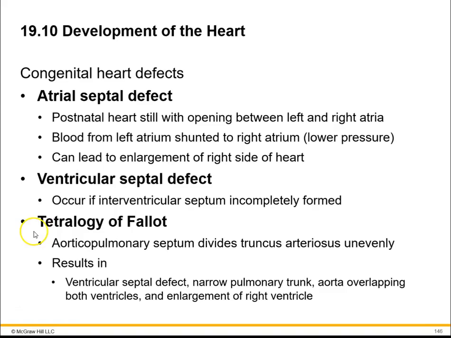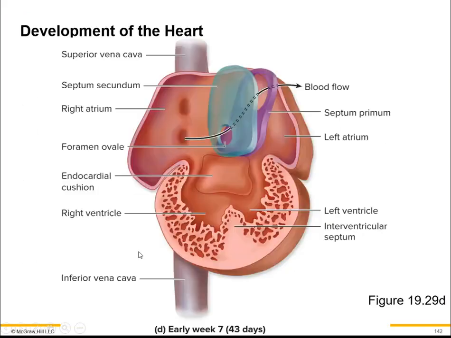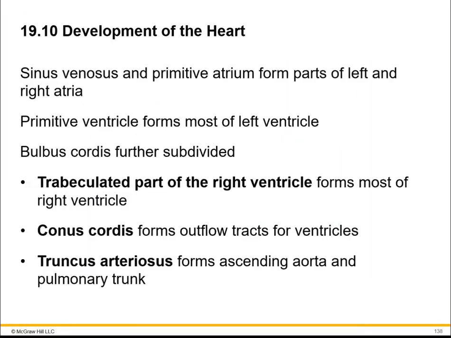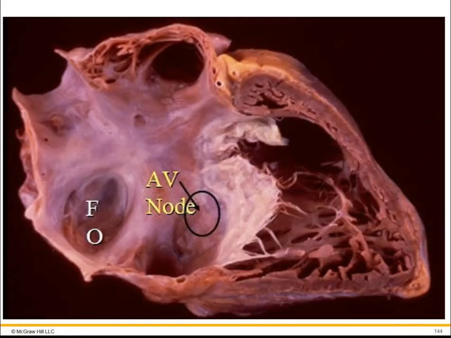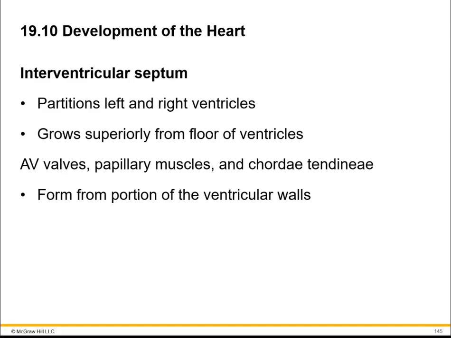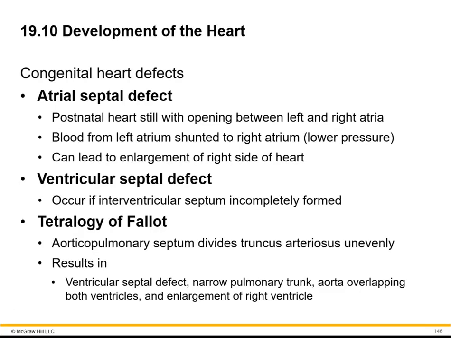Then there's this condition called tetralogy of Fallot. What happens here is the aorticopulmonary septum, that is the truncus arteriosus, which you may remember back here, forms the ascending aorta and the pulmonary trunk. Well, the truncus arteriosus develops a septum in it, a spiral septum that divides the aorta from the pulmonary trunk.